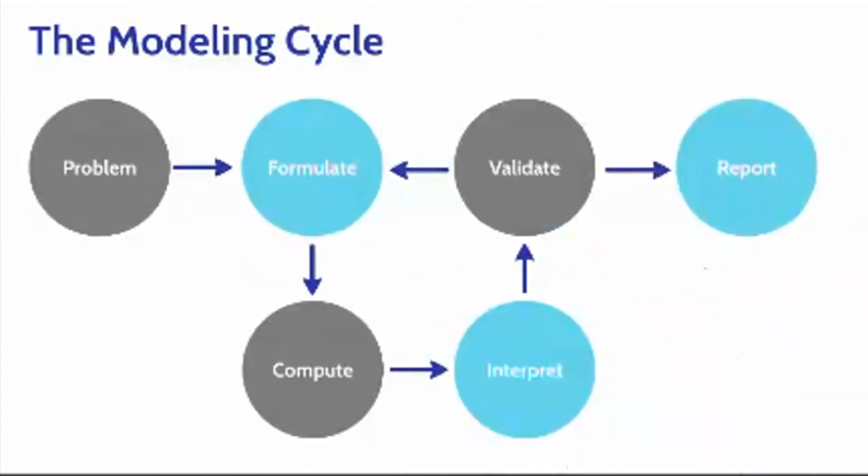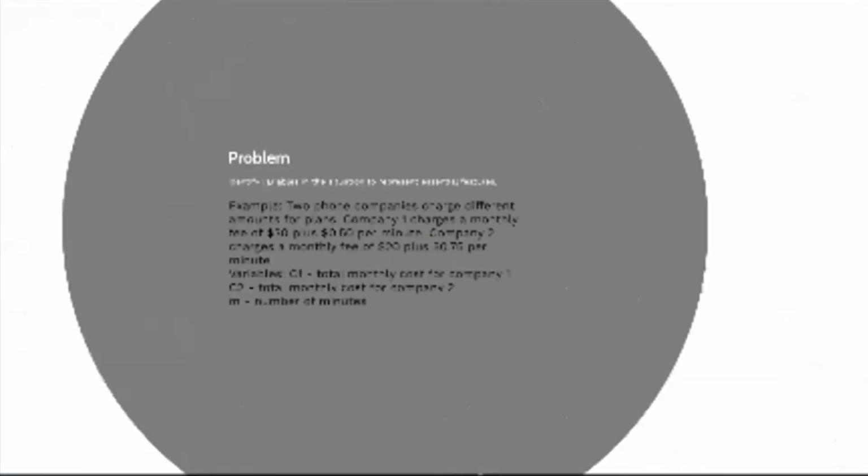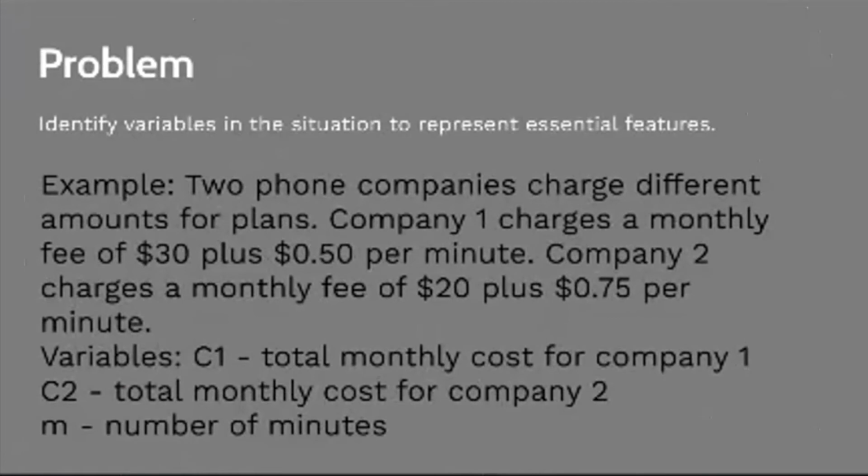And this is a linear problem, right? Because it's consistent, it's per minute right here. Same thing, company two was $20 plus 75 cents per minute. If we go back here, you can see where we got that from: 20 plus 0.75 per minute.